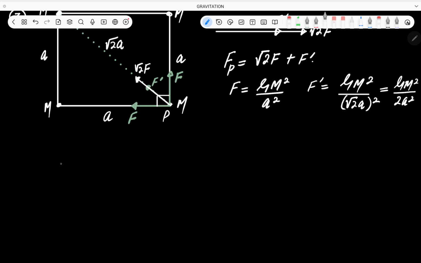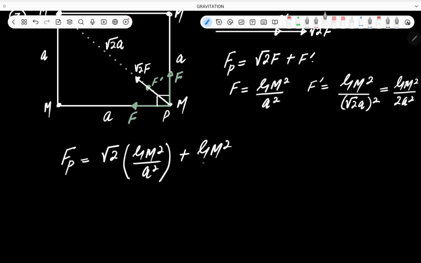Let's write down that here. So net force on the particle P will be equal to what? It will be equal to root 2 into F. So F will be replaced by what? It will be replaced by Gm square divided by a square plus F dash, and F dash will be replaced by Gm square divided by 2a square.